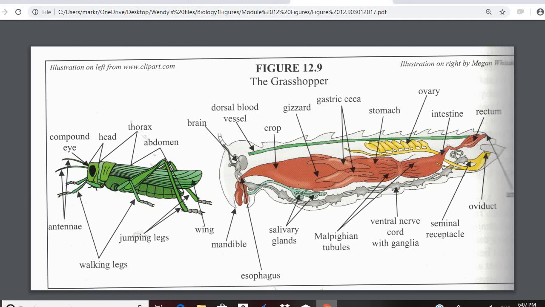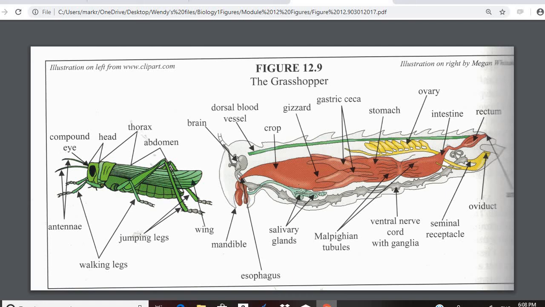They have an open circulatory system, so blood actually leaves this dorsal blood vessel and directly bathes the tissue, comes in contact with the tissue.